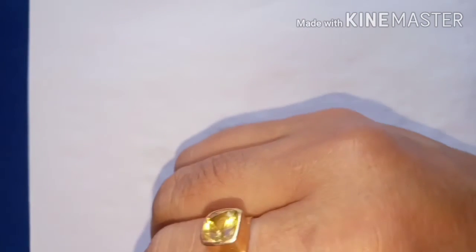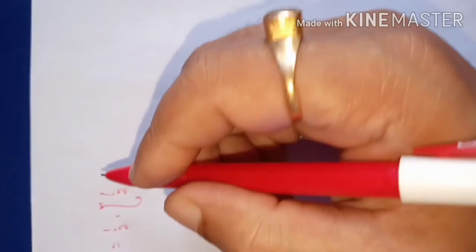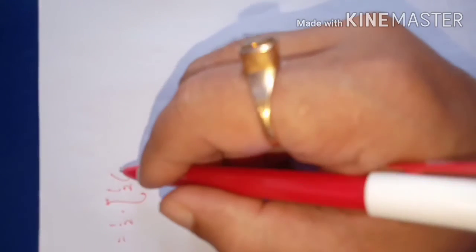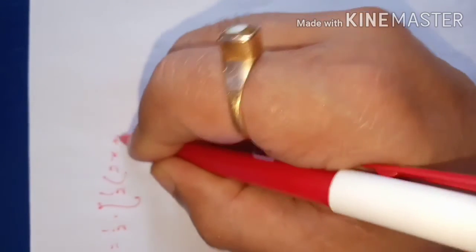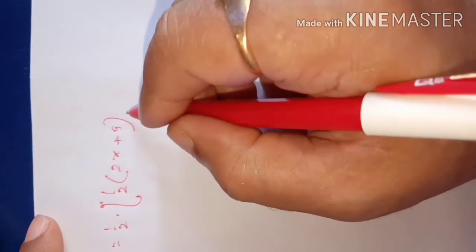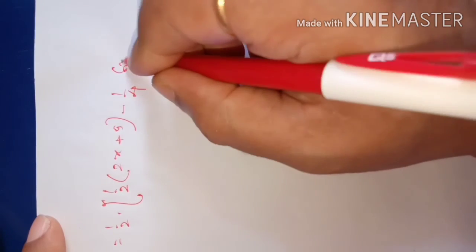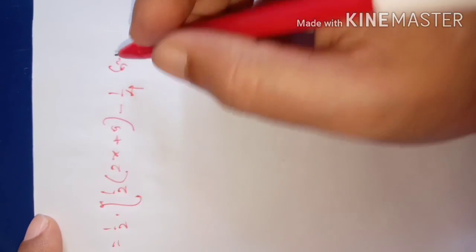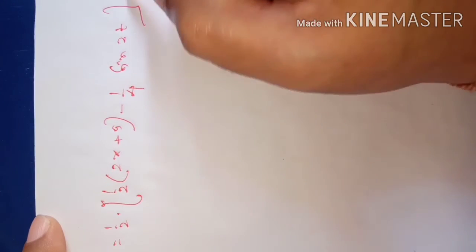So at the end it will be half into t, where t stands for twice x plus 5, minus 1 by 4 sine of u, where u stands for twice t, plus c.